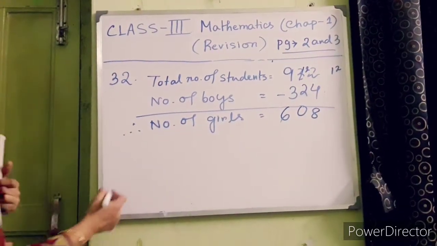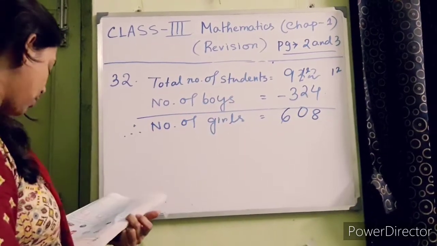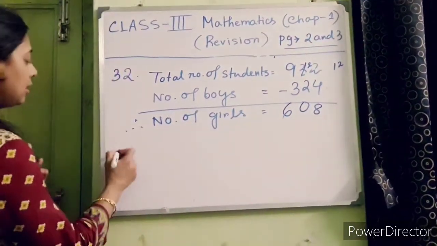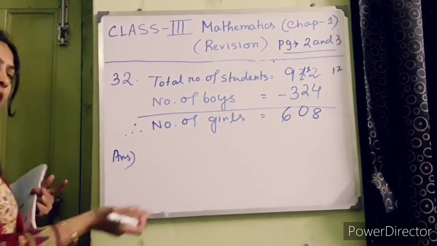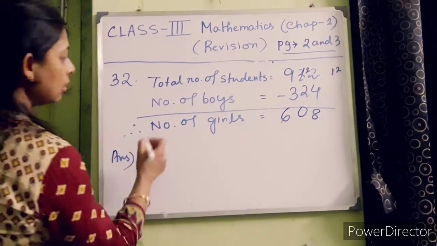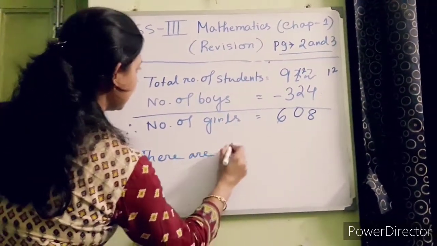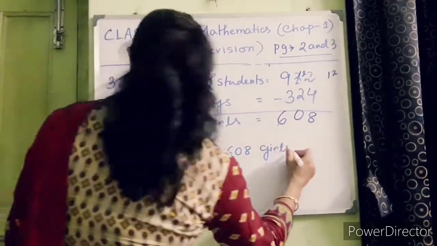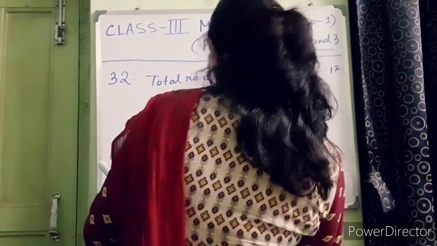Clear? So the answer is: how many girls are there in the school? The answer is not needed, but if you want, you can write it down. There are 608 girls in the school.